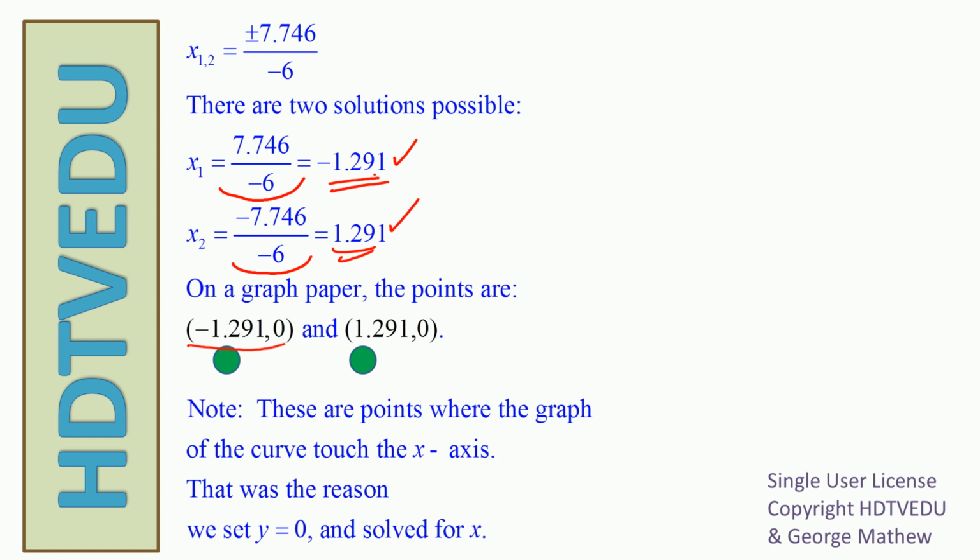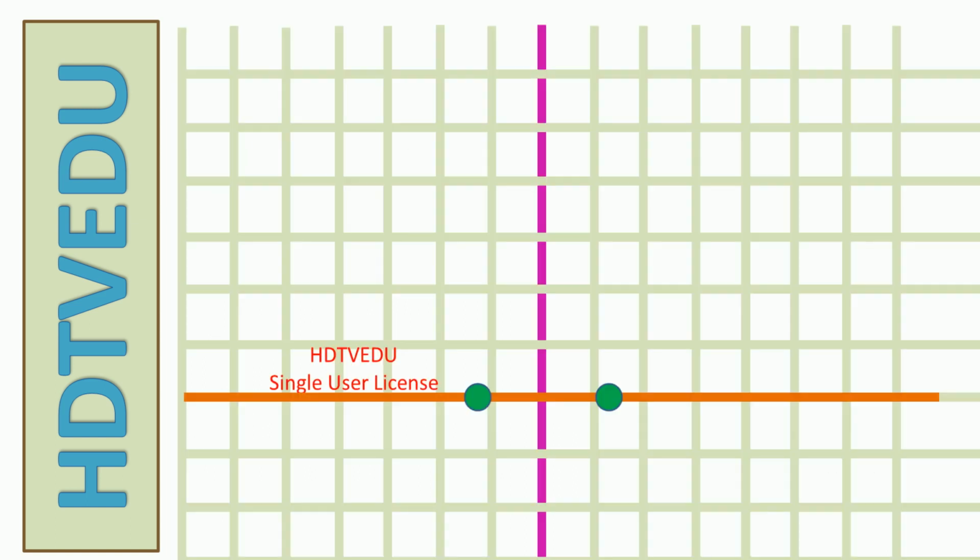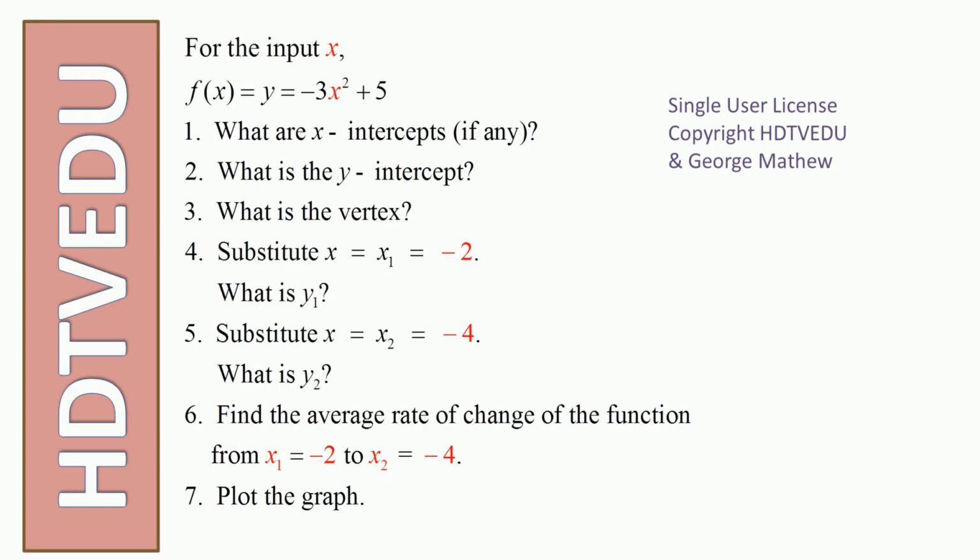Negative 1.291, x comes first, and positive 1.291. These are points where the graph of the curve touches the x-axis. That was the reason we set y equal to 0 and solved for x. So we plot those 2 points, and we are done with x-intercepts.